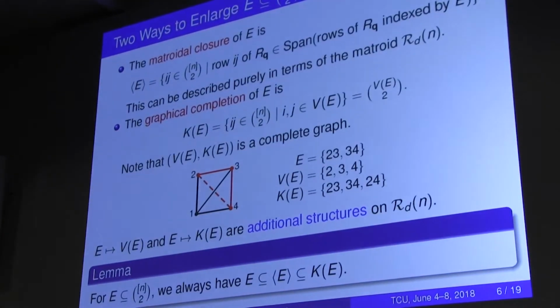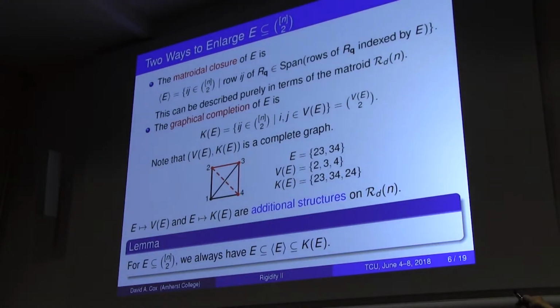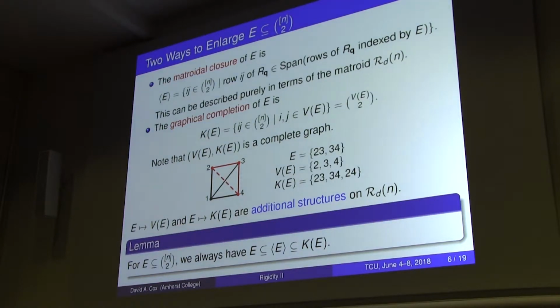Now I'm going to try to think a little bit matroid-wise, because when I take one of these sets, there are two ways I could try to make it bigger. One way is what's called the matroidal closure, and I'll use this bracket notation for that. Remember, this is a matrix.